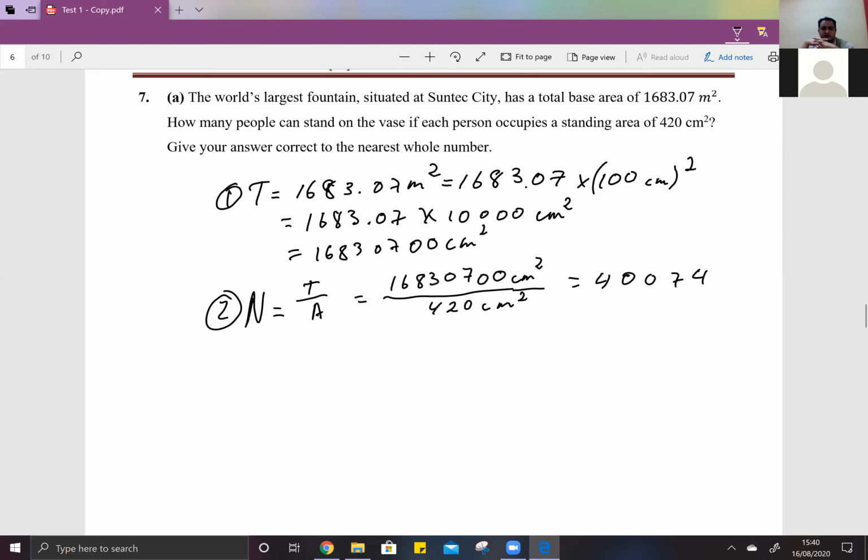So actually, in the exam, how would you write this? Dot, dot, dot. So 40,074 people can stand on the walls, right? 40,074 people can stand on the walls.